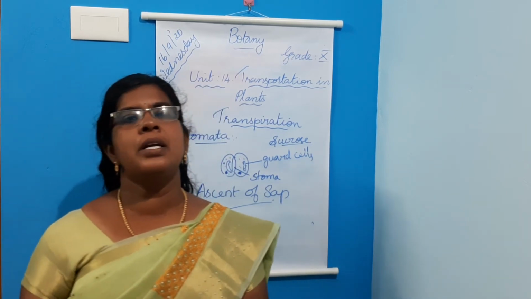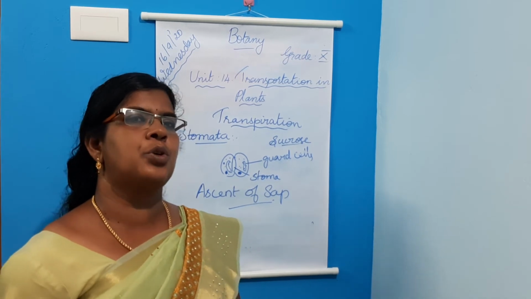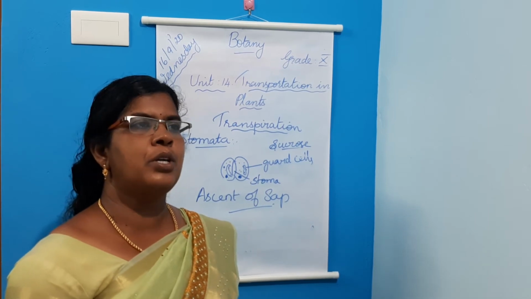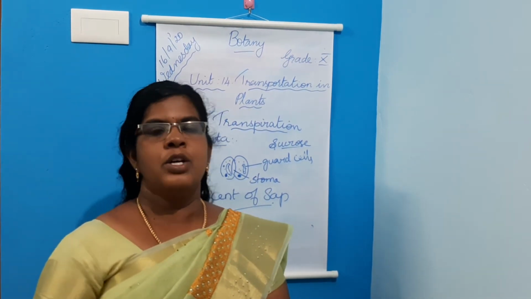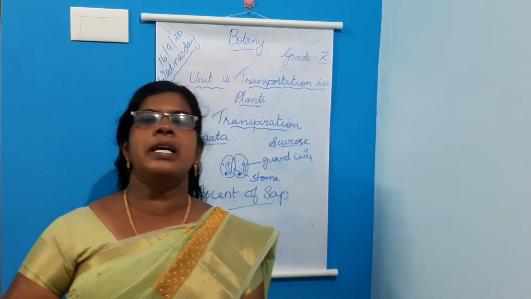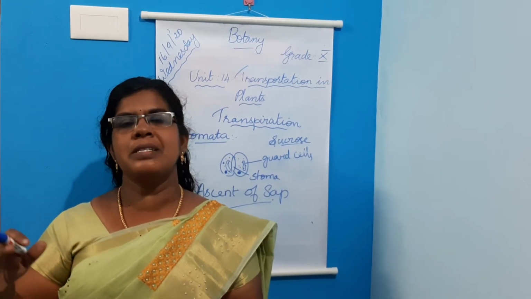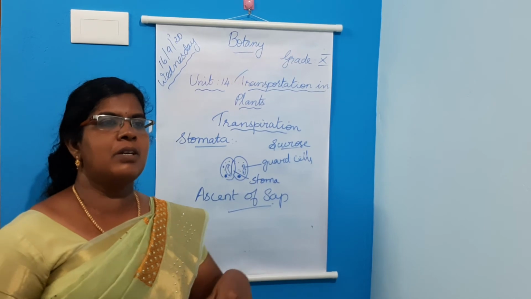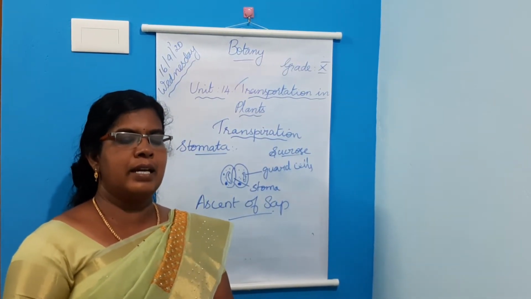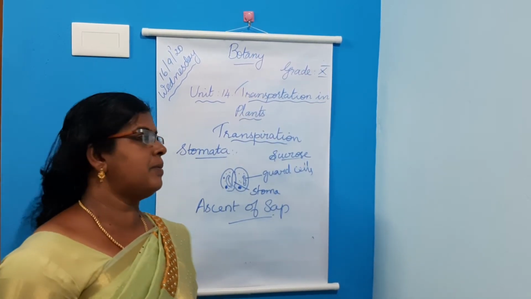A number of factors play an important role in ascent of sap. One is root pressure. When water enters into the root, it creates a pressure inside the root. This pressure helps the movement of water upward up to the base of the stem.